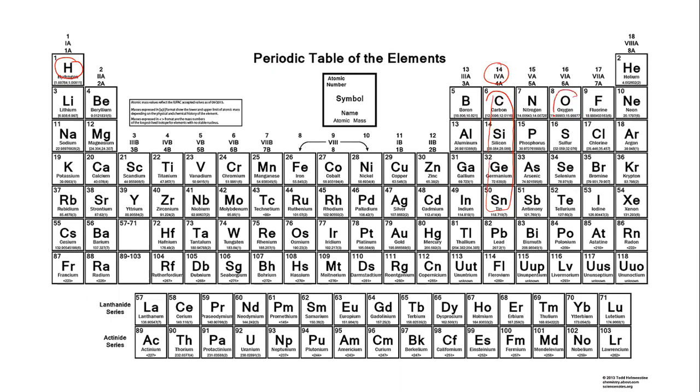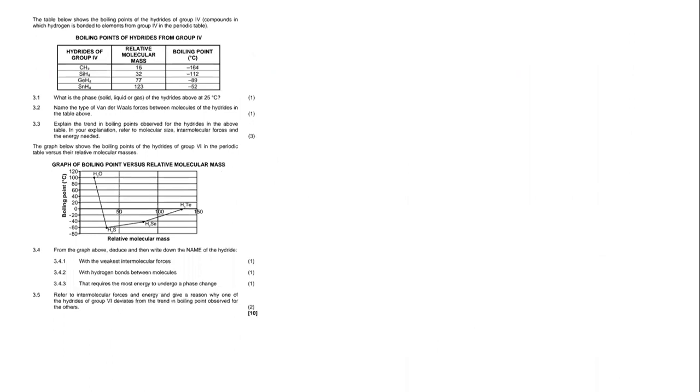They react once more with hydrogen atoms to form the hydrides. So that means oxygen, sulfur, selenium, and tellurium react with hydrogen atoms to form what we call the hydrides, okay?